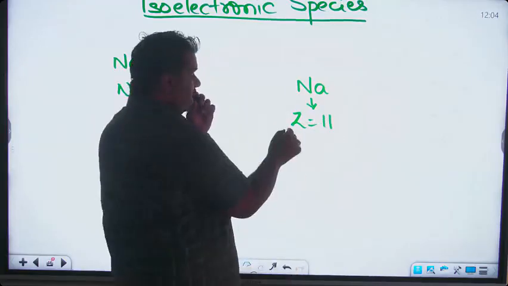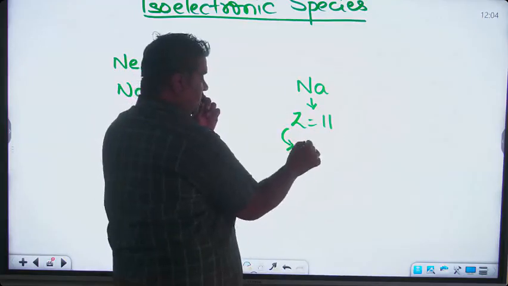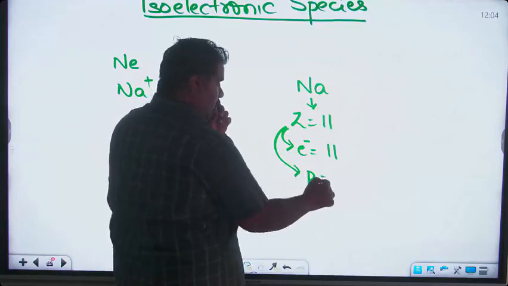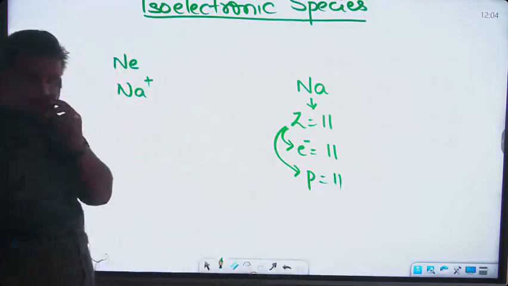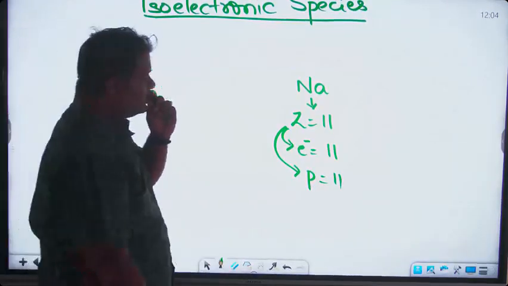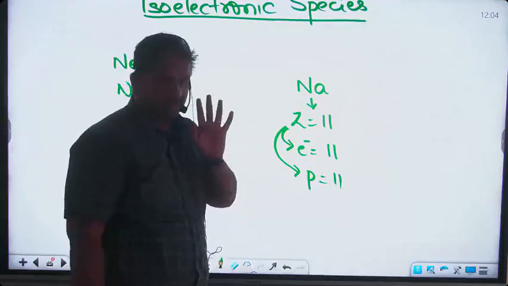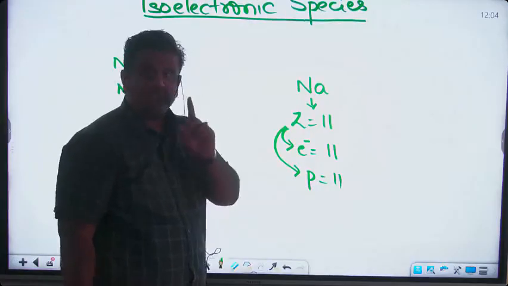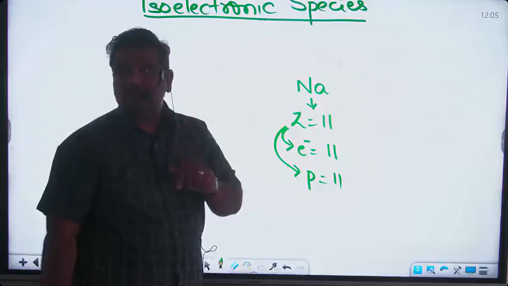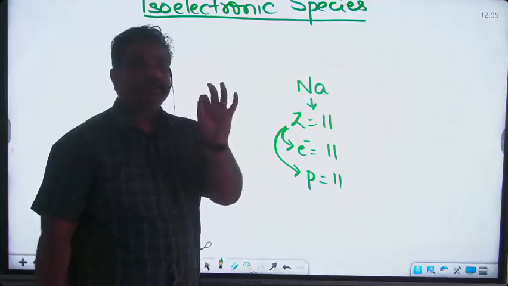When the atomic number is 11, we write electrons 11 and protons also 11. Forget neutrons, we are not bothered about that. Now, sodium is losing one electron. The question arises, why is sodium losing one electron? Because to gain stability.